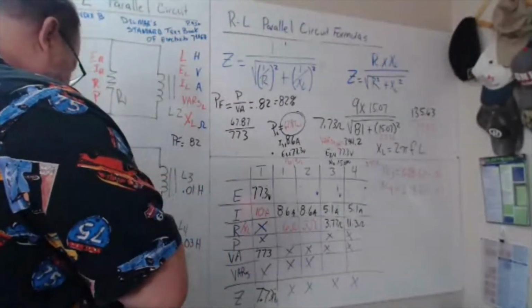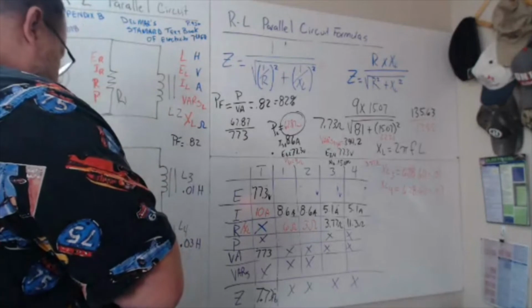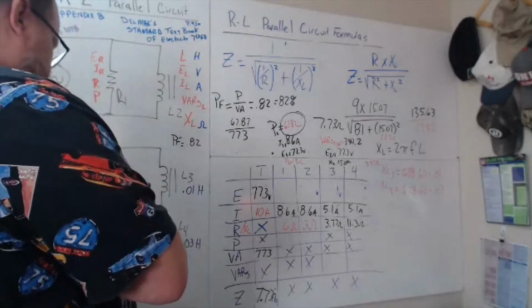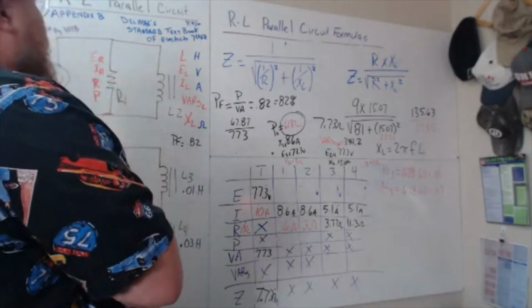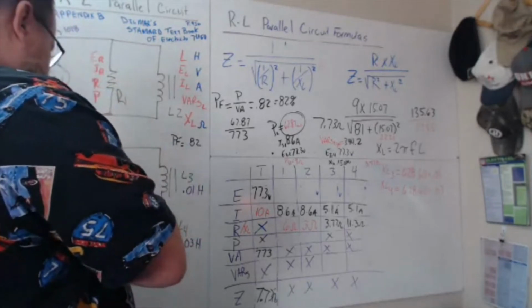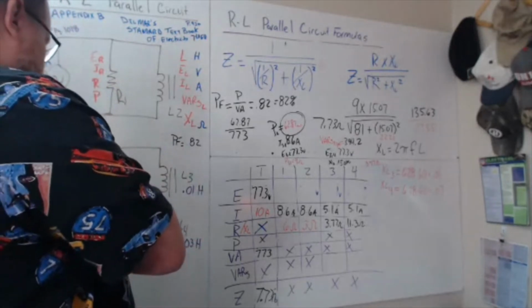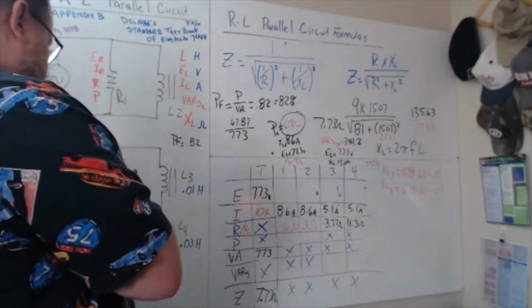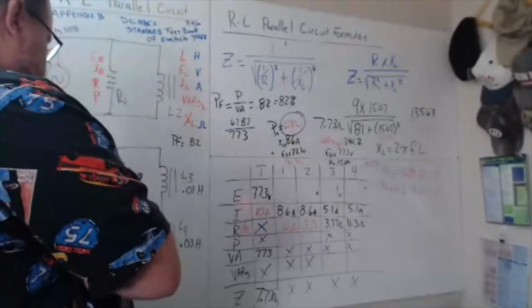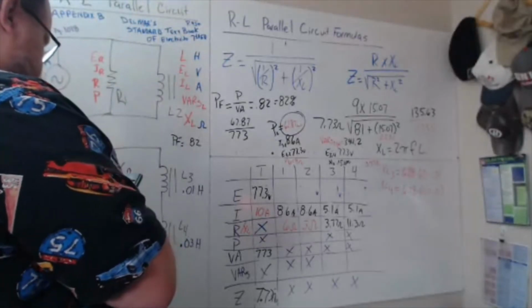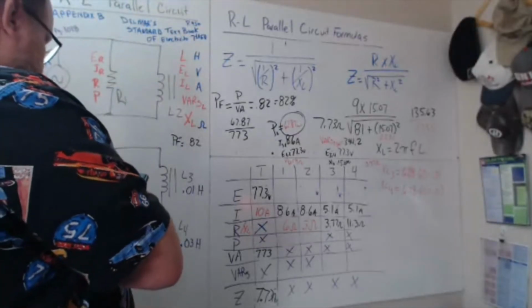So we're doing cosine. We're going to do 0.82. I did it backwards this way.